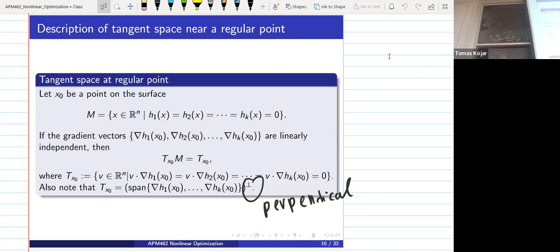Wait, what's the problem at the end? You will have left and right derivatives, right? Because you can only count this way. So you only have right limits.